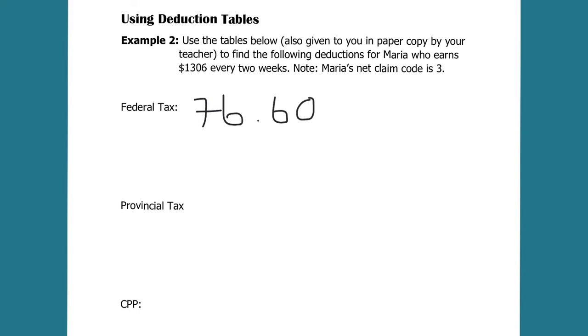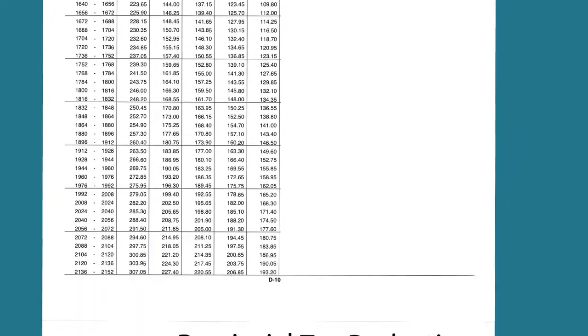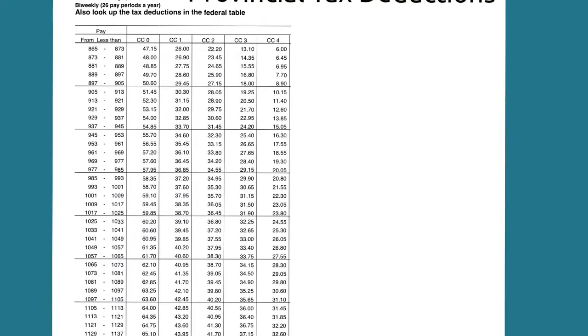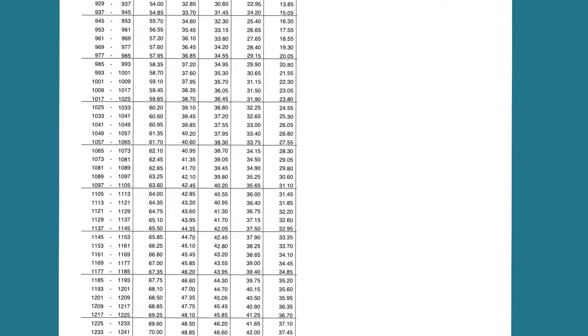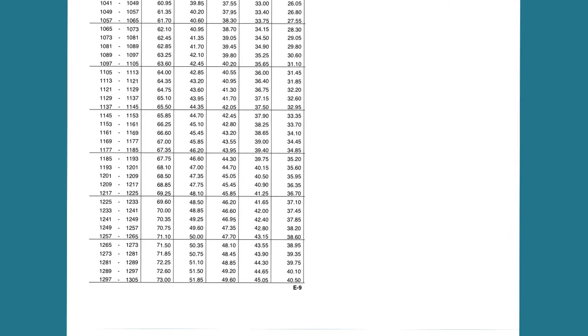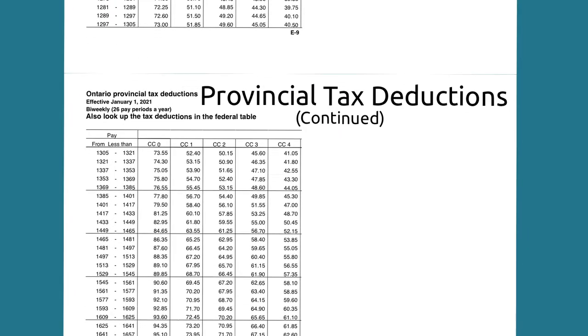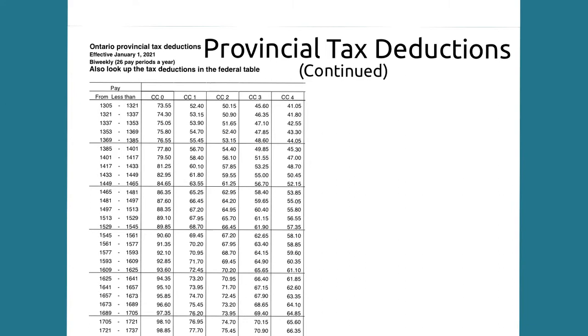Now we're going to do the same for provincial tax. So you would flip to your page for provincial tax. And now again, we need to find what she makes in that far left column, the pay column. We scroll all the way to the bottom, and we realize it doesn't quite go far enough, so we have to go to the next page. We see $13.06 would fall right here in this range, somewhere between $13.05 and $13.21.